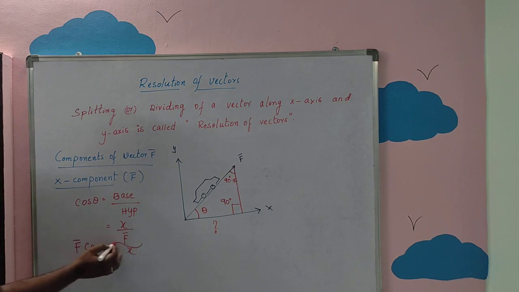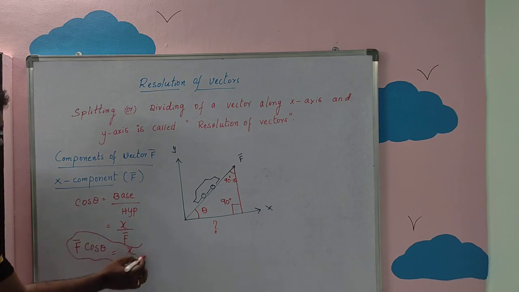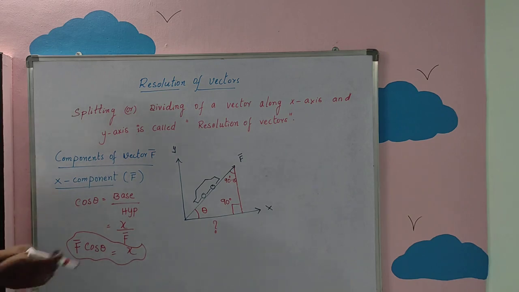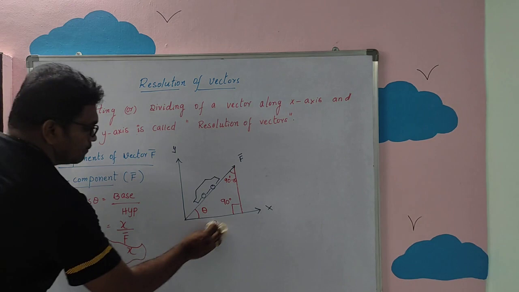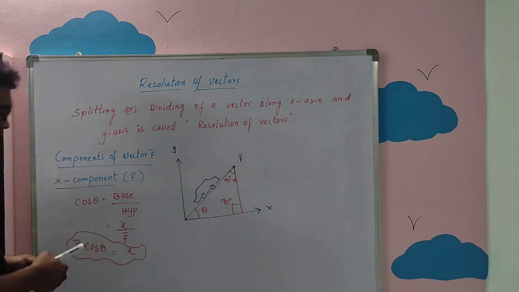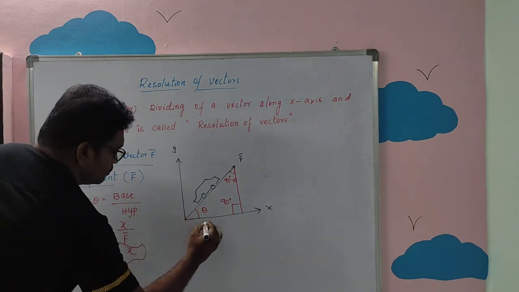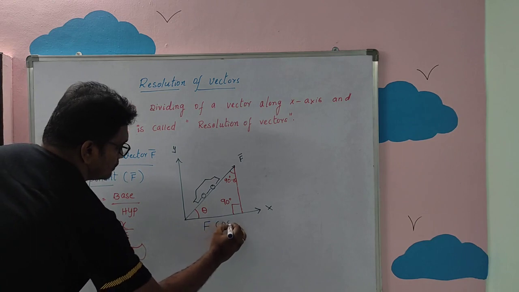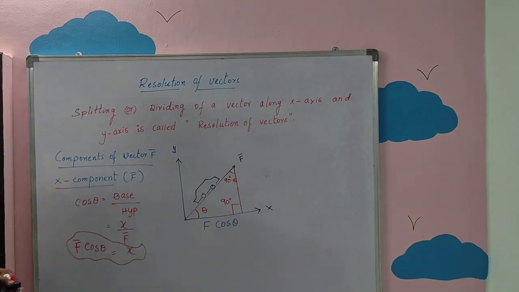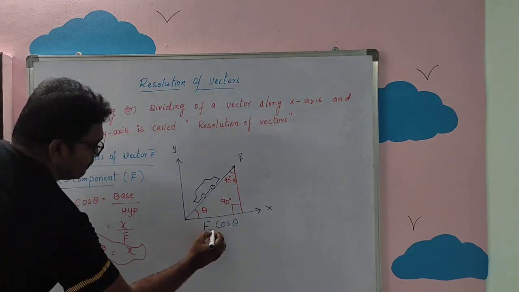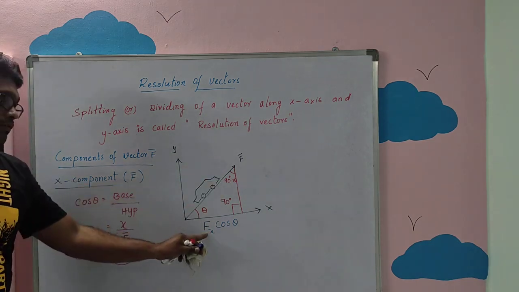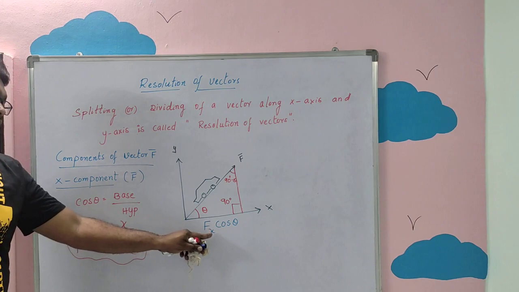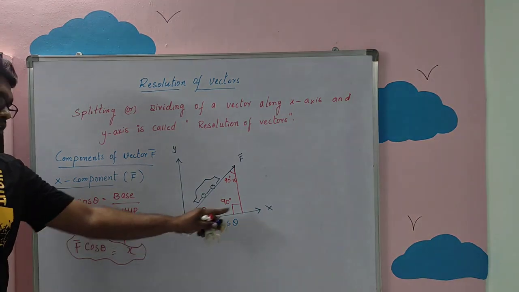So, this is the x component, or the force component along the x direction. What is the force component along the x axis? It is equal to F cos theta. If you want, you can write it like this also, F times cos theta, which means this is the force component along the x axis.